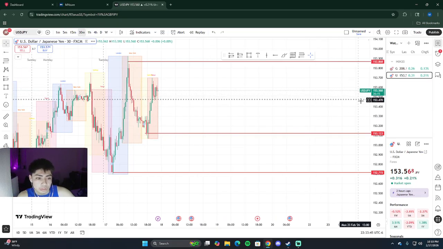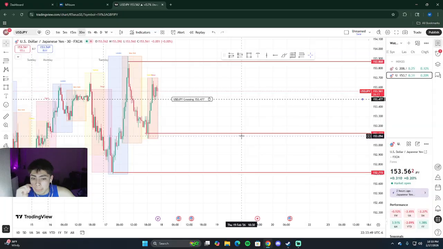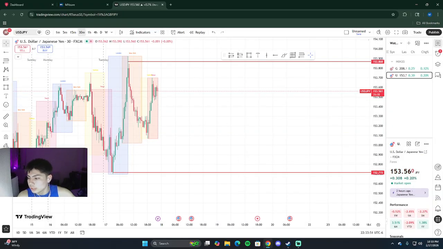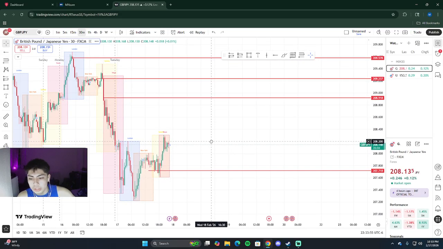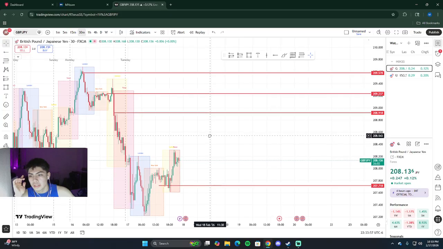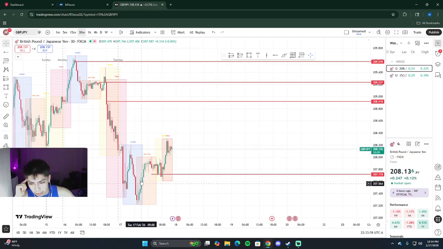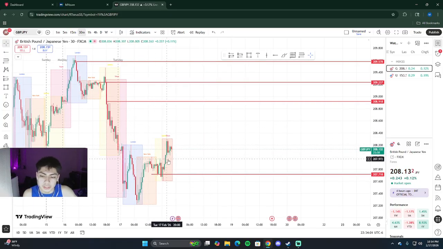Not on this one, just because of how much of the, I don't know how to explain it. It's like how much liquidity there is to be swept. That's what I like. I like markets that have all this liquidity here, just pooling for it to be swept.